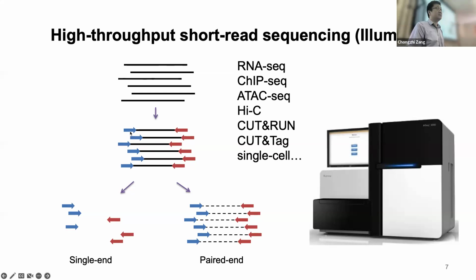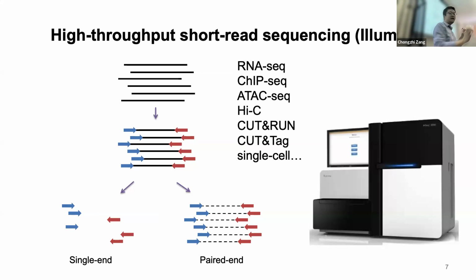So the idea is that we get a large amount of DNA fragments. What the Illumina machine does is sequence the ends of the input DNA, either single end, in which they randomly pick one end to get the sequence, or paired end, in which they sequence both ends of the DNA fragment at the same time.